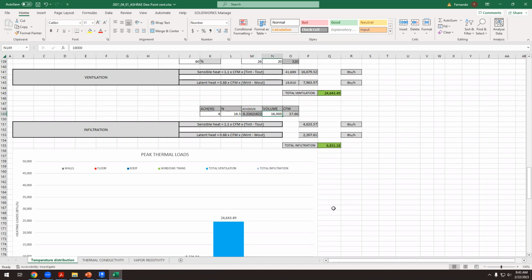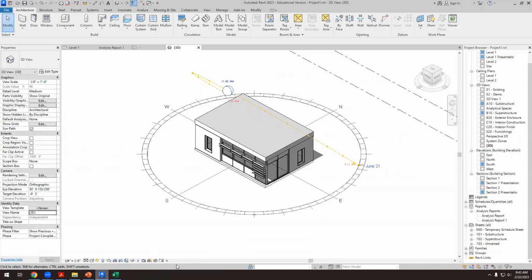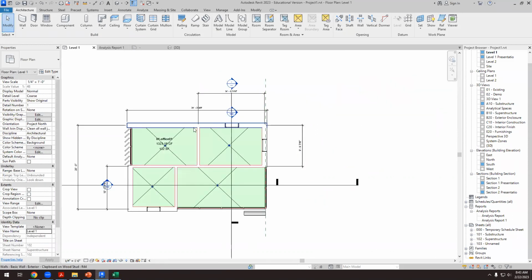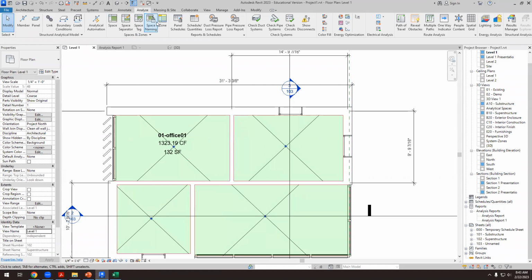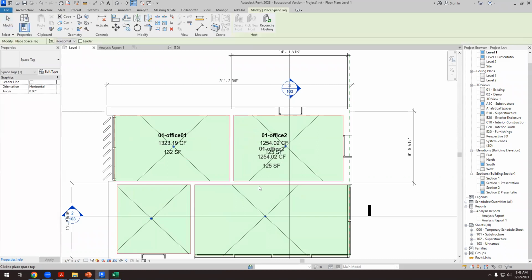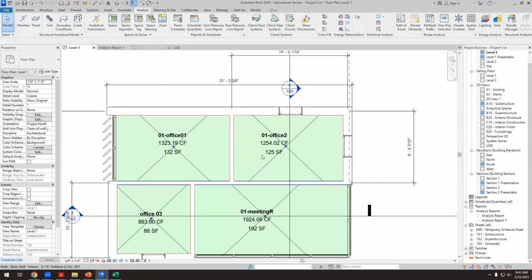But now here we have to type the volume of the building. Where can we find the volume of the building? Here. If I place the tags here, what's the volume of that building? The volume of all the spaces.